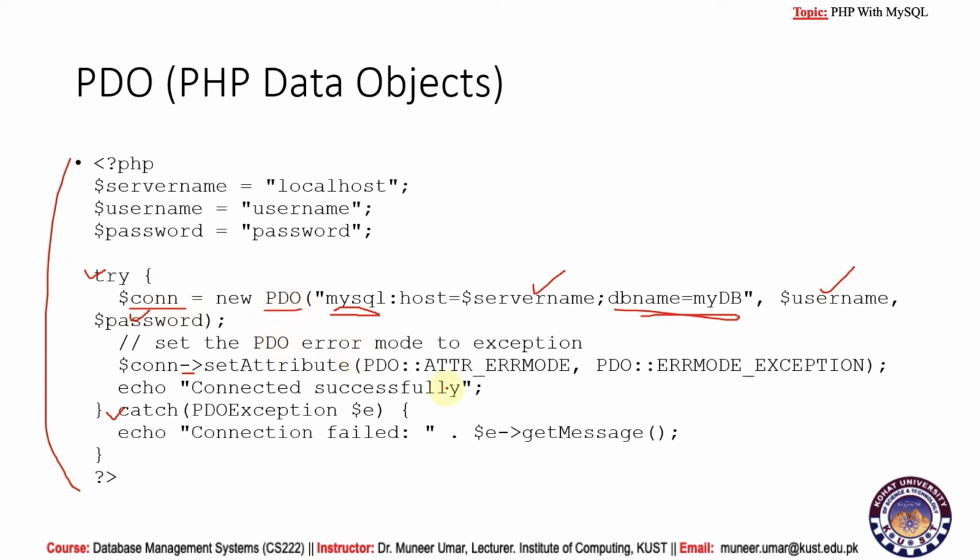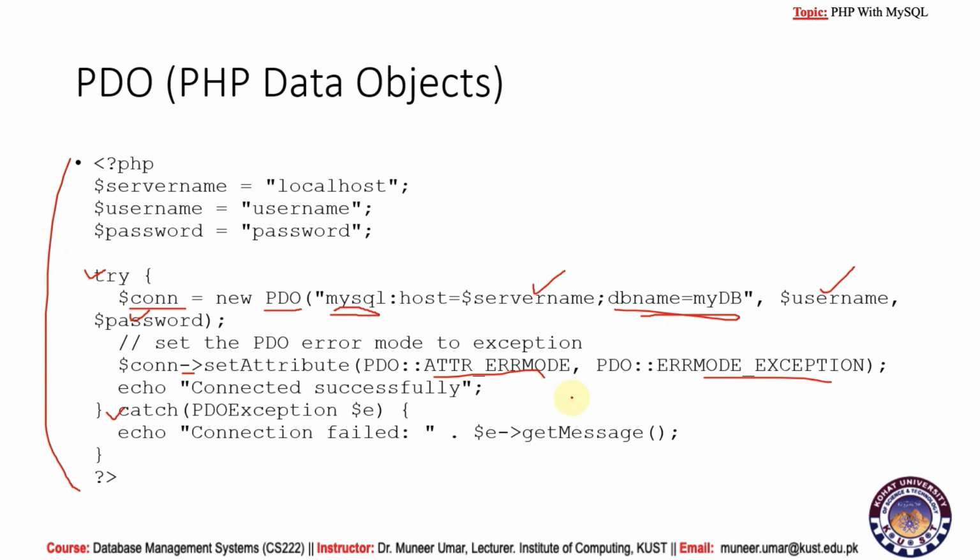Here we have two things. The first one is ATTR error mode, and the second one is error mode exception. So both are used for exception handling. The first one is used for error reporting, while the second one throws an exception. Basically we are getting the PDO error mode attribute to control error reporting, to raise a PDO exception that tells us what went wrong when it goes wrong.